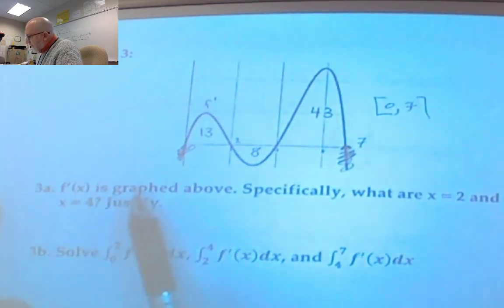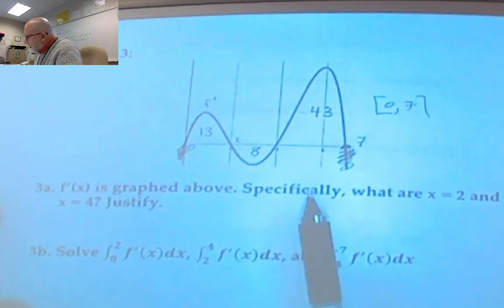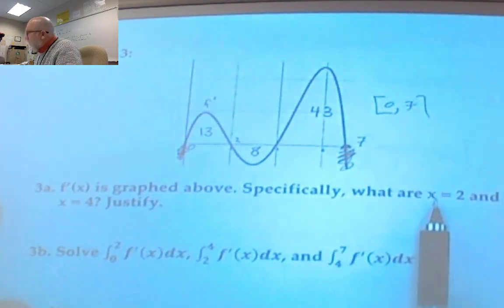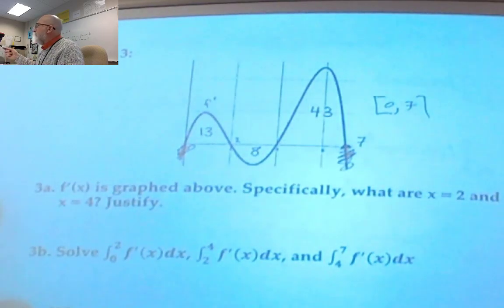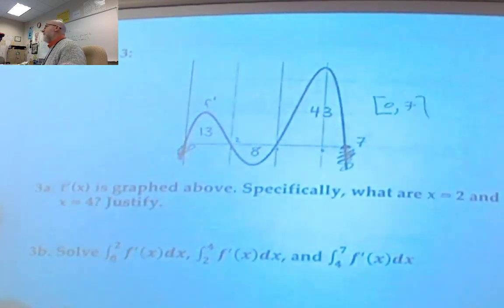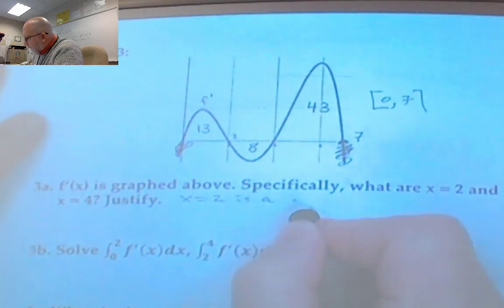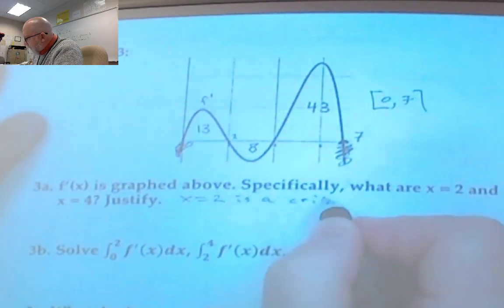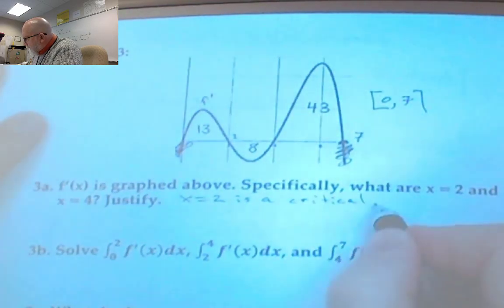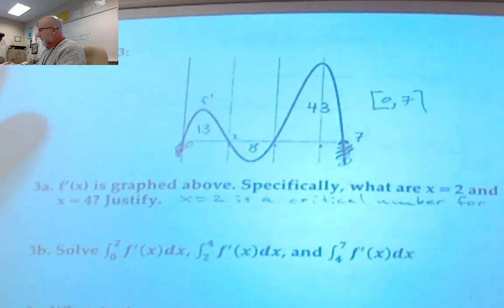f prime is graphed above. Specifically, Hannah's going to do x equals 4. Okay, you're going to do x equals 2. Specifically, what is x equals 2? X equals 2 is a critical number for a what?